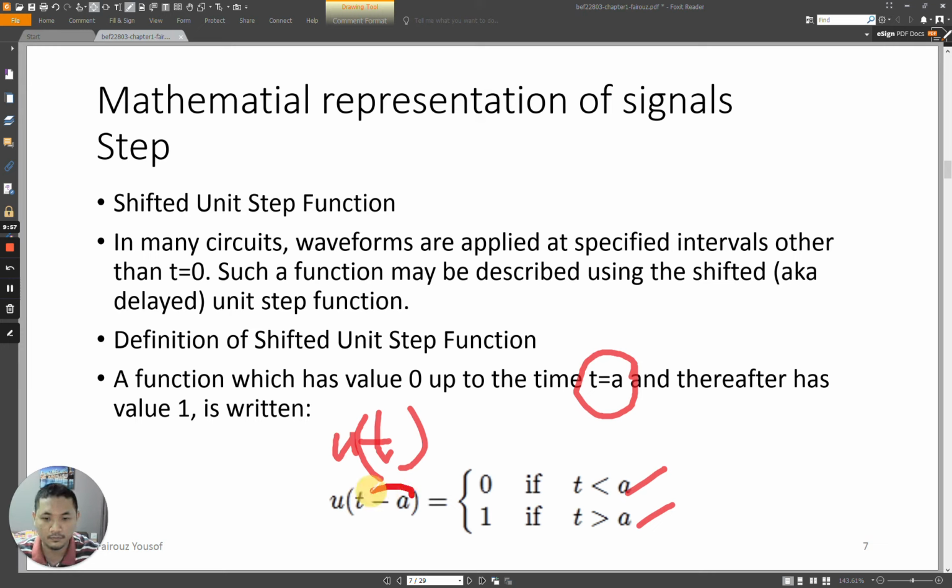So this is the shift of the unit step function. All right, so if this is positive, then this is in negative value, right? Do not mistake that.